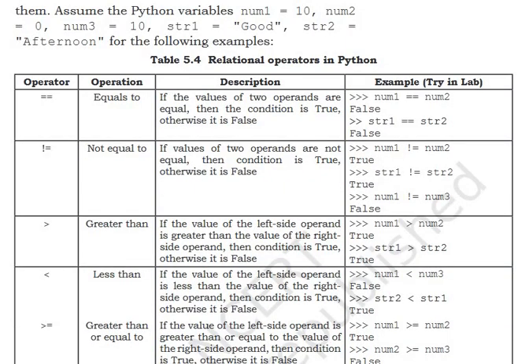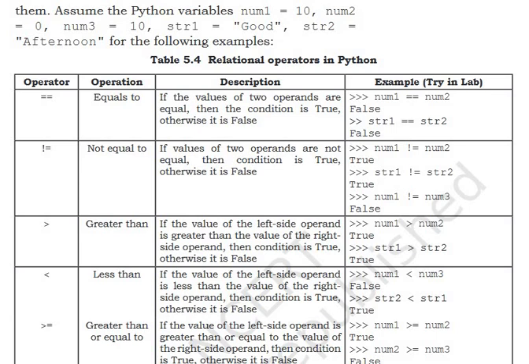So look at the example. If num1 is 10 and num2 is 0 and num3 is 10 and str1 is good and str2 is afternoon. So these are the variables which we are using in the table here. Based on that, check if the condition is true or false. Look at equals to. Num1 equals to num2.